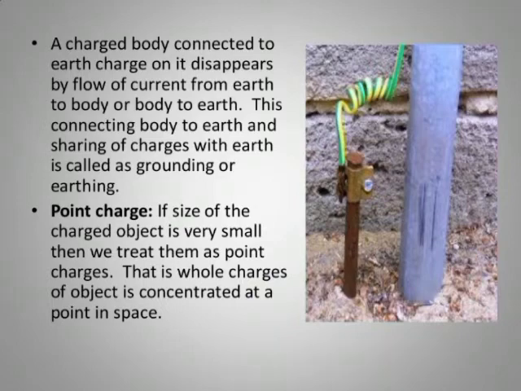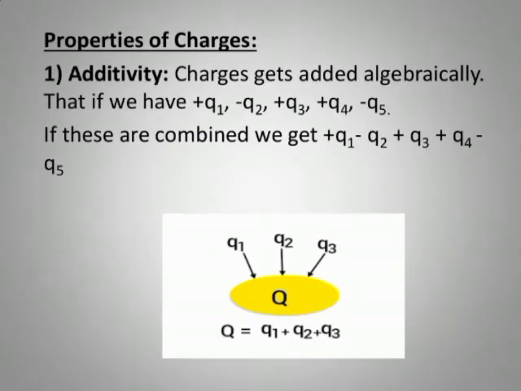That's it. Next, going to another concept, properties of charges. So the first property of a charge is something called additive. What is it? It tells you charges get added algebraically.